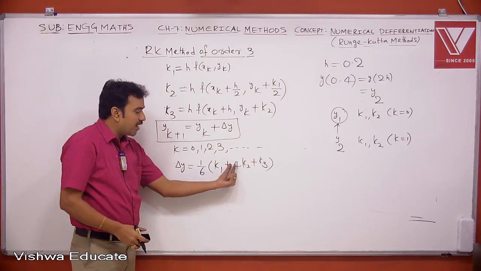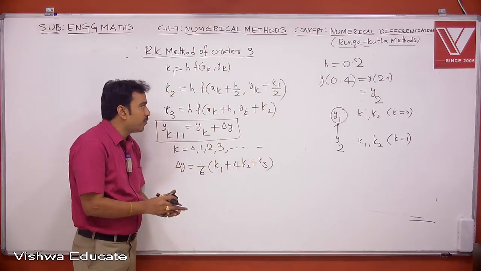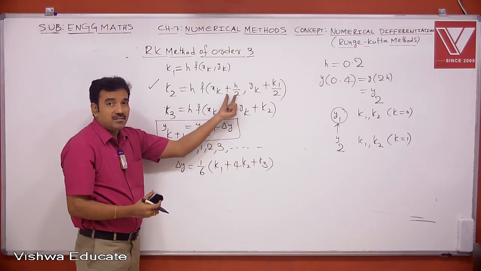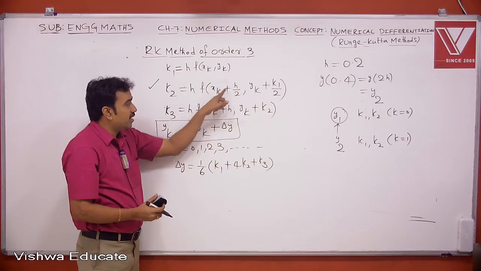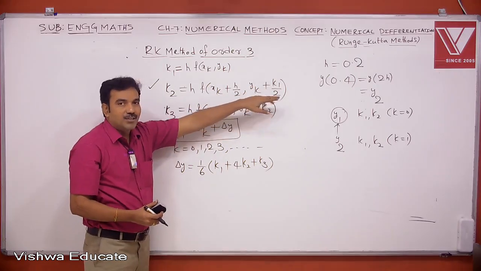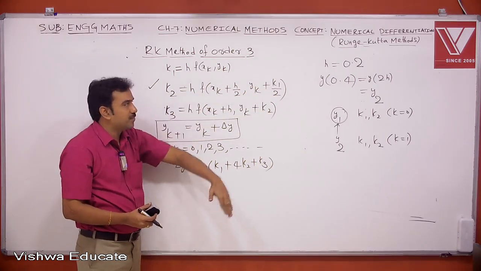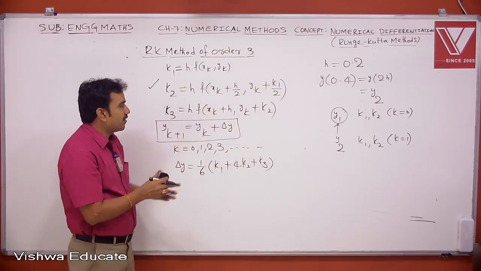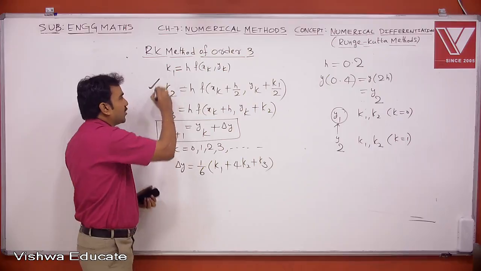So why are we giving a major number of units to k2? Because in k2 the increment is very less. Here xk is incremented by h by 2 only, yk is incremented by k1 by 2 only. So the increment is reduced by 50%. But in k3 there is a full increment, plus h plus k2. Therefore the increment is very less in case of k2.